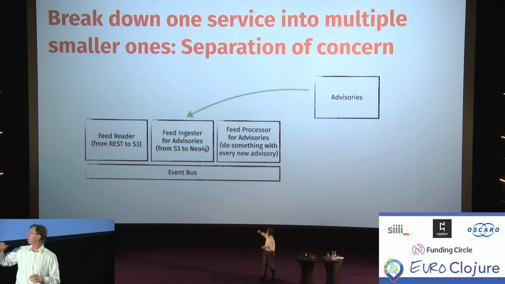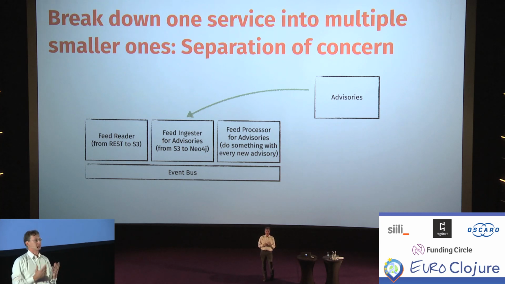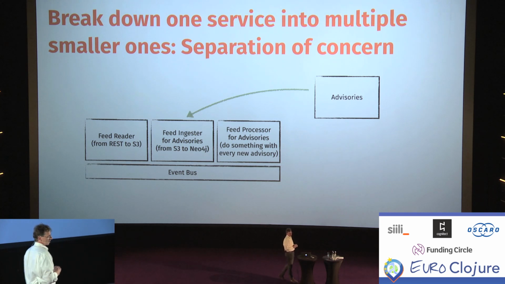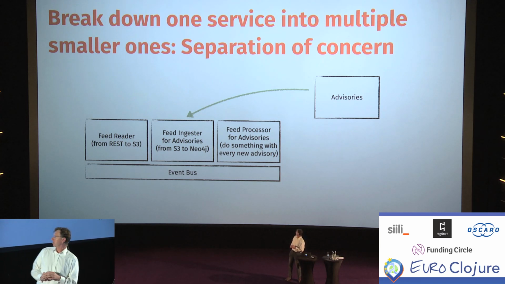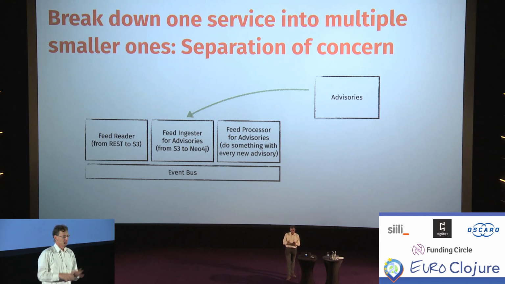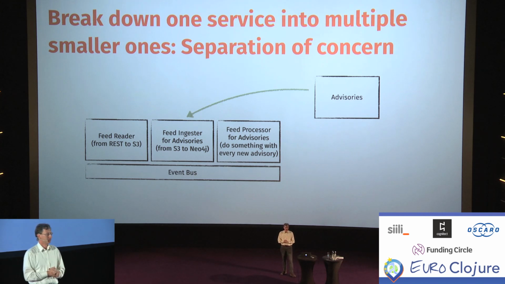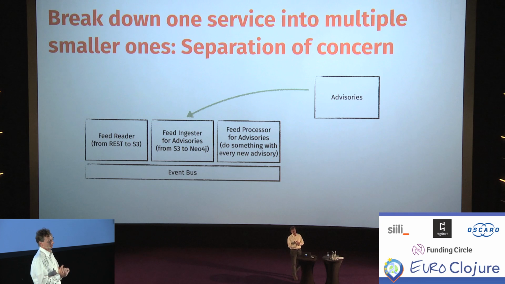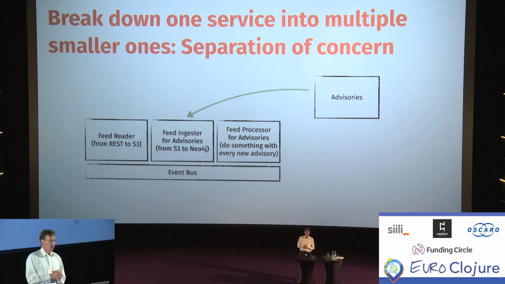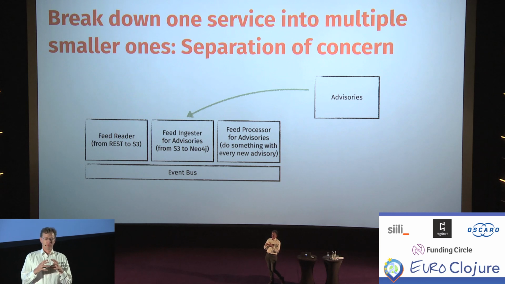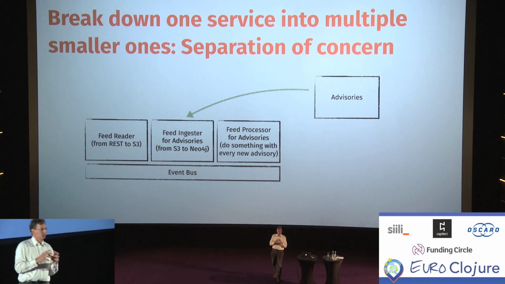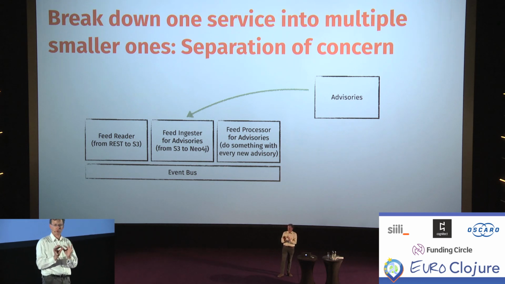They share the spec, for example, for what an advisory is in the first place, or you see S3 in two boxes, so they share a library to connect to our data storage. And to avoid this, we grouped several things together, breaking that microservice pattern or breaking that small concern.